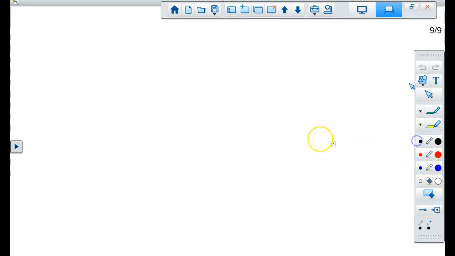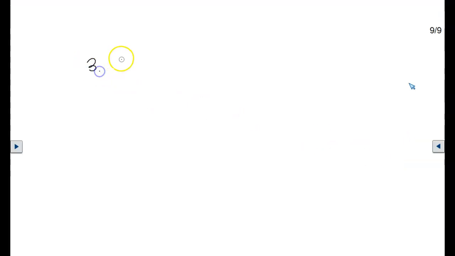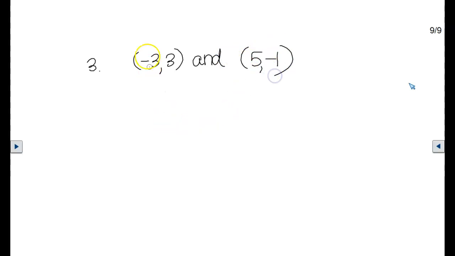All right. Next up, let's do negative 3, 3 and 5, negative 1. Label x, y, x, y. Since these are ordered pairs, we're going to do y minus y over x minus x.